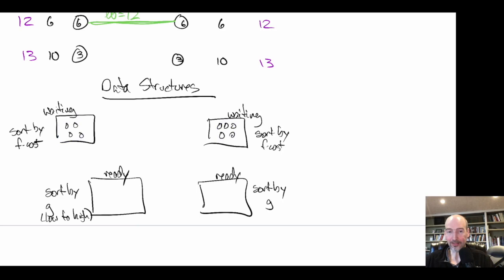Actually, this already tells us, because we know that we're putting states in here from low to high f cost, there's a few details I'm not getting into here, but let's assume for a second that the heuristic is monotonically growing, then my f cost is going to be going up here. As the f cost goes up, then my estimate of C star is going to go up. And so from the minimum f cost, on either of these sides, we're actually going to get an estimate of C star.